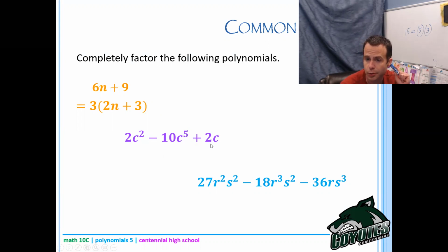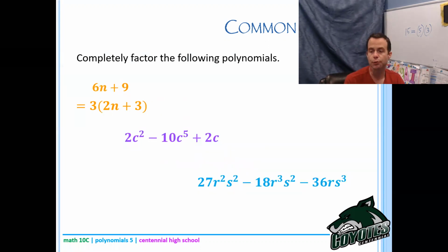They partly ignored this term because they're thinking in their head, well, that's my greatest common factor. But you have to remember what you're actually doing is you're dividing that greatest common factor out. What's 3 divided by 3? What's 10 divided by 10? The answer that you should have told me there was 1. So what's 2c divided by 2c? It's a 1. Don't forget that 1, okay?